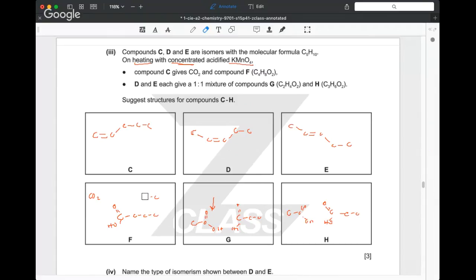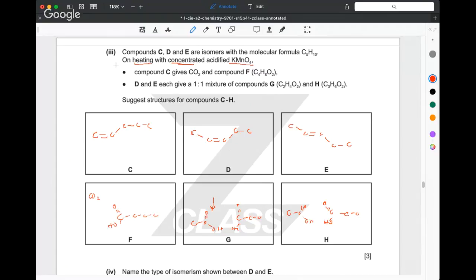Because the butanal underwent further oxidation to give you butanoic acid. And so you've got carbon dioxide and butanoic acid, ethanoic acid, propanoic acid. And because you're being asked for structures here, I think the mark scheme probably draws a skeletal formula.